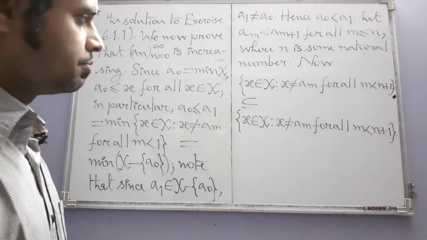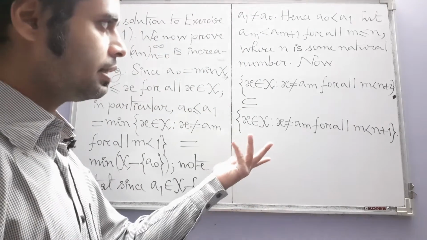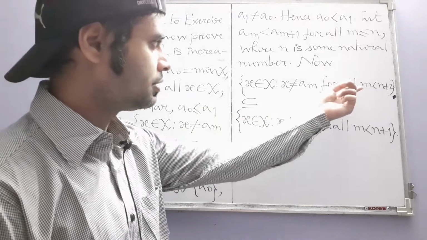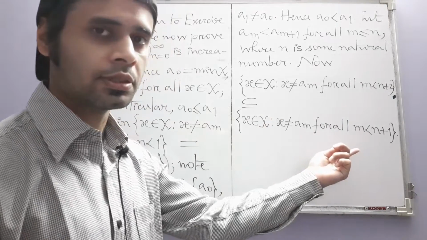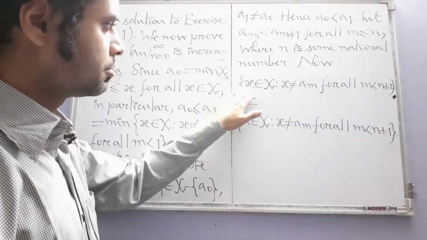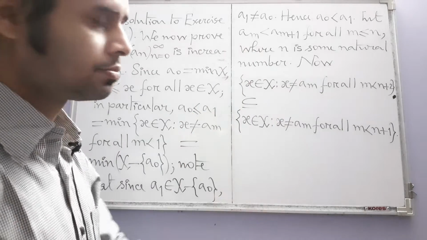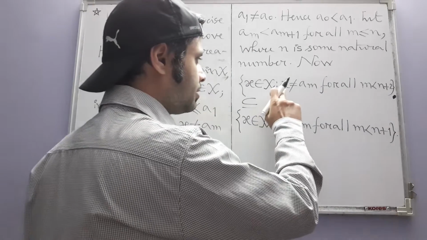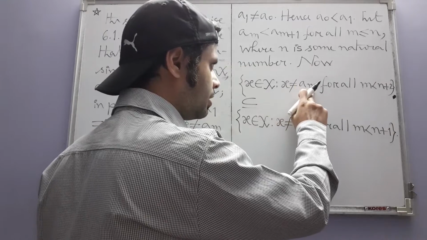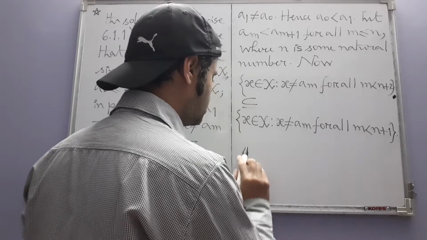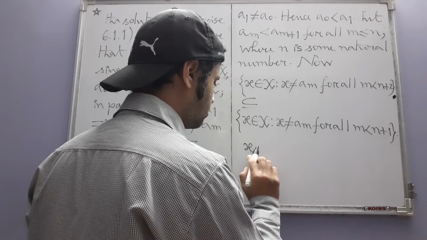Is it true? To see that it's true, you just take an element here and see whether it belongs to this second set or not. So say we have taken one x. Now that x is not equal to am for all these values.